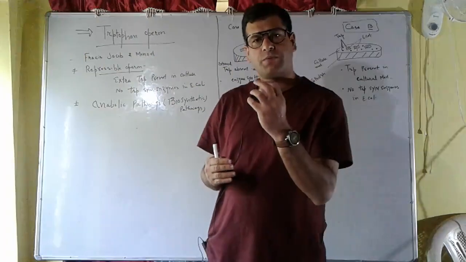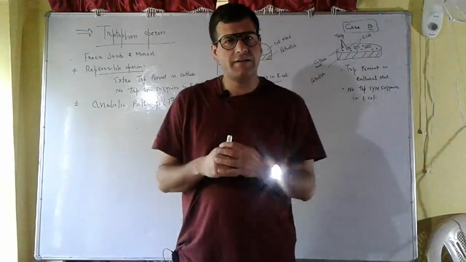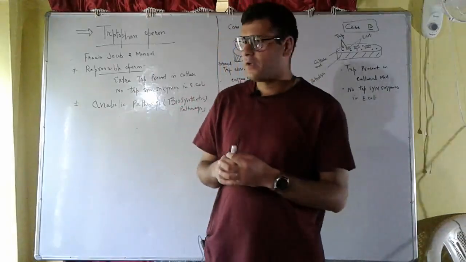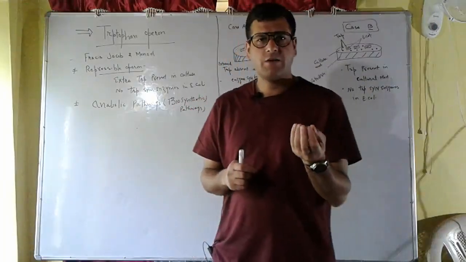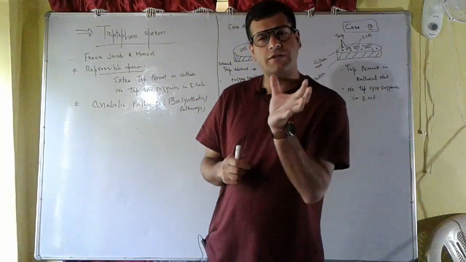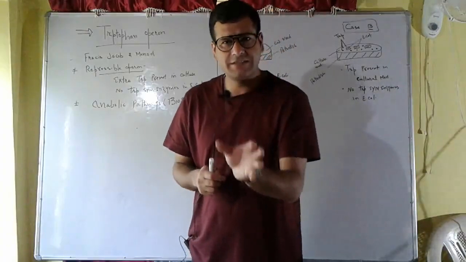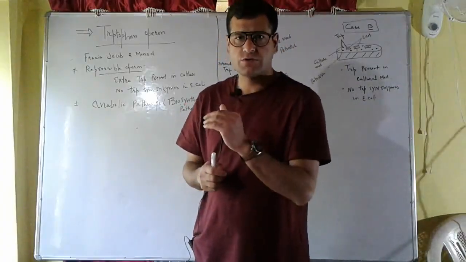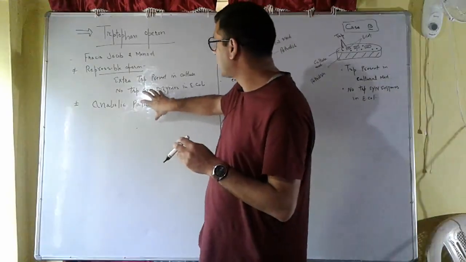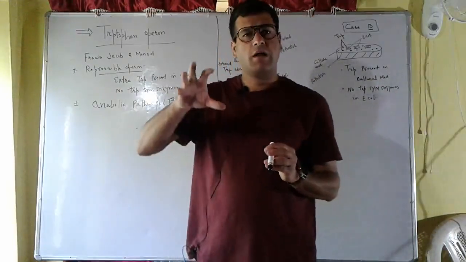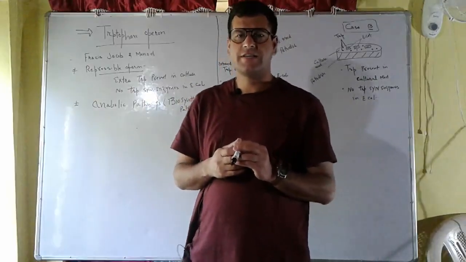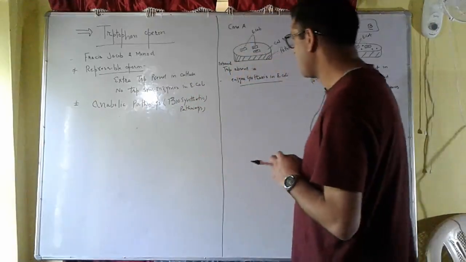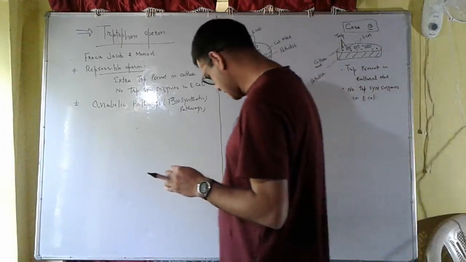Whereas the lac operon operates in catabolic pathways, because lactose is degraded into glucose and galactose. Here in the tryptophan operon, tryptophan is synthesized by tryptophan synthesizing enzymes.